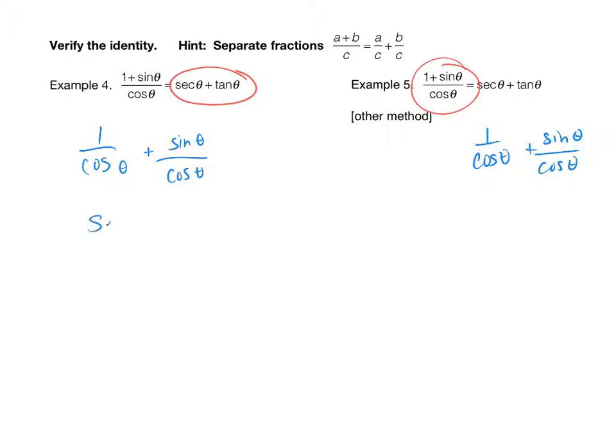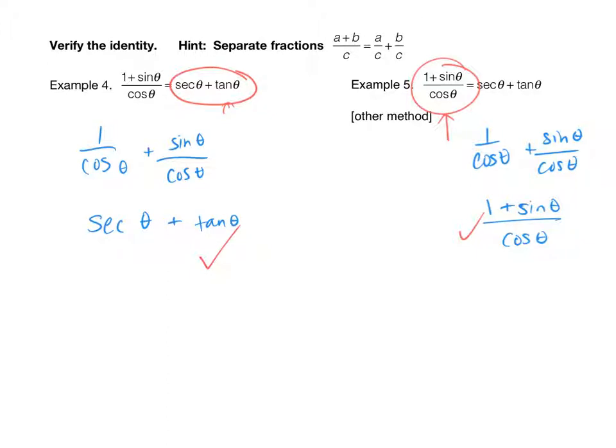So again, this could be secant of theta, and I know from my identities that this is tangent of theta, which is what I was looking for here. So I'm done. Or on example 5, 1 over cosine theta plus sine theta over cosine theta. I have common denominators, so I can combine them, which does indeed match the side I kept the same, and so either way I verified it.